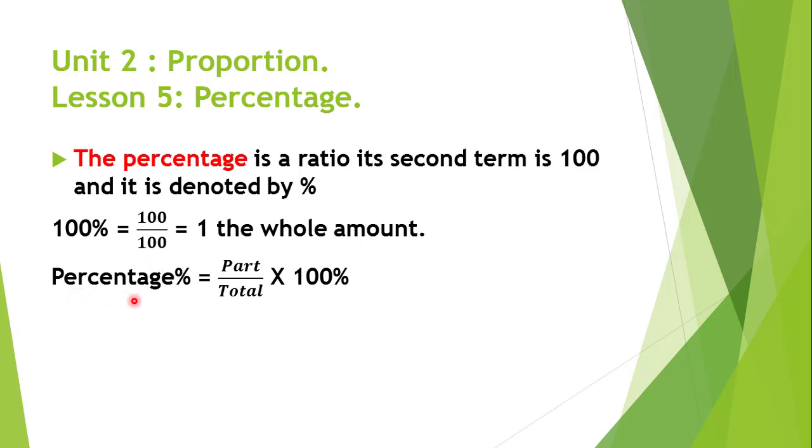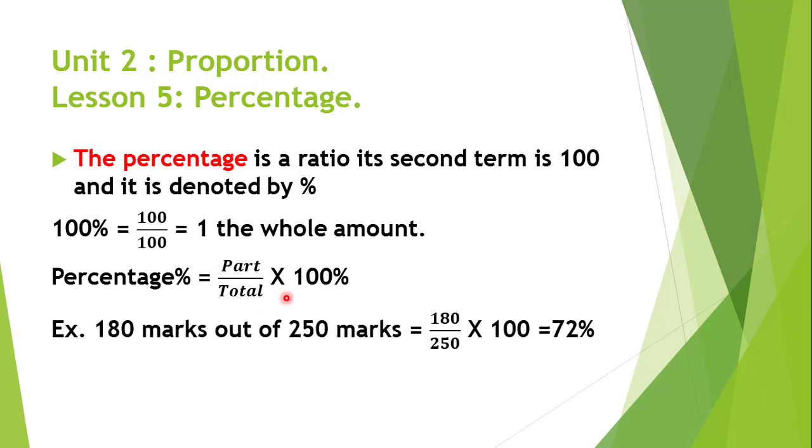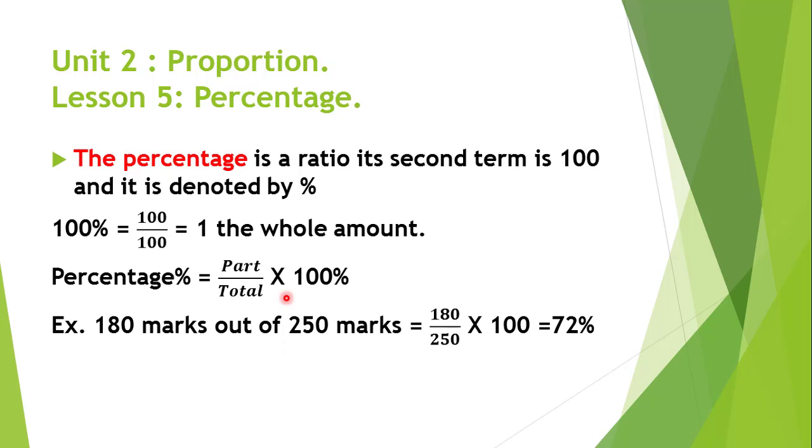Okay, how to calculate the percentage? Just divide the part over total, then multiply by 100%. Let's take an example. 180 marks out of 250 marks. I want to calculate the percentage here.